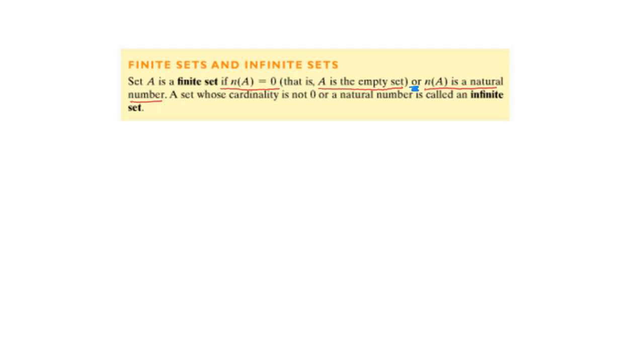All right, so if we want to think of just some examples, if I gave you set A is equal to, and I just gave you empty braces, well, the cardinality for set A is equal to 0. So that's considered a finite set.